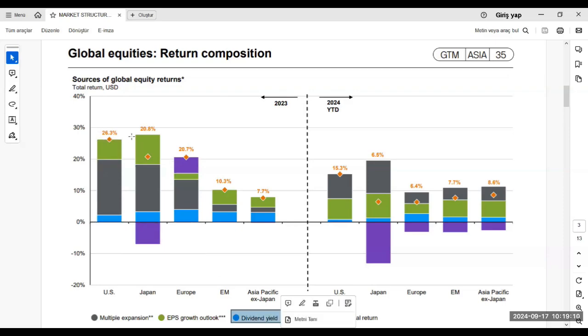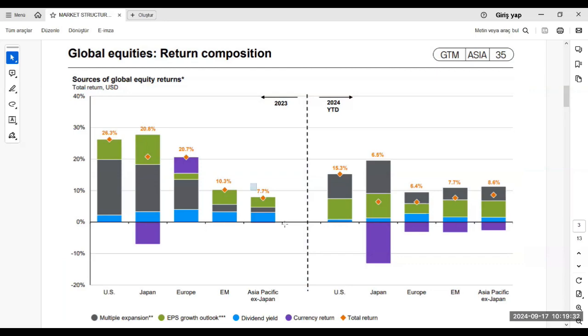For instance, in Japan, approximately -8% is coming from the currency return. Why? Because the Japanese yen is depreciating against the United States dollar. And here, as you see, the total return in Japan is around 20%. And where is the lowest?